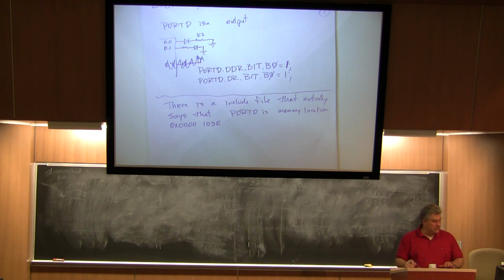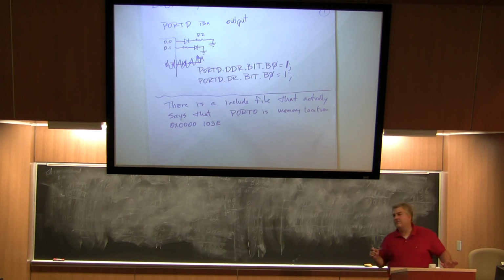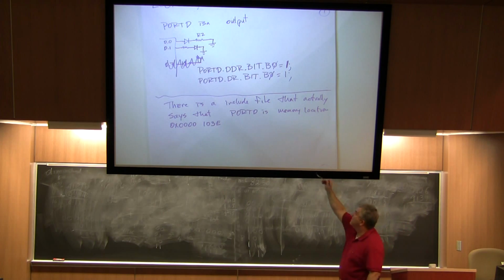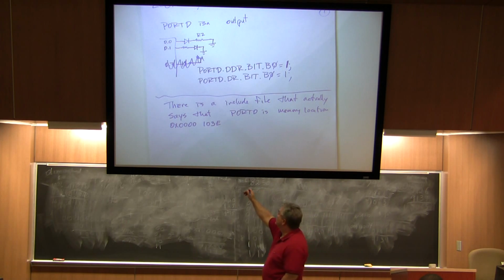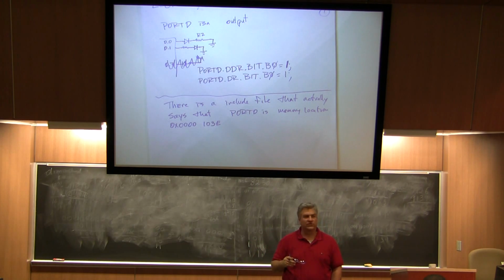So what that tells you is that somewhere in the memory of the device, it's saying that the address 00001030 is actually port D. Remember we talked about memory mapped ports.